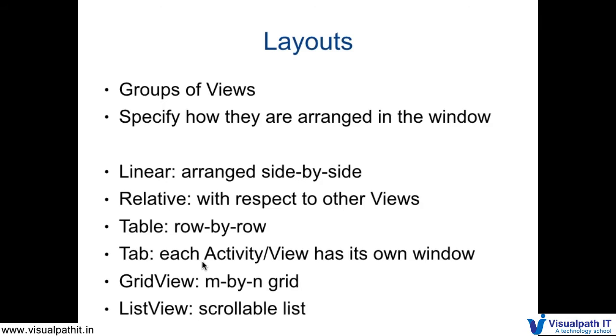Similarly, there is something like list view. For example, if you want to have a scrollable list, take the example of emails: in your inbox you will be having a list of emails. To arrange that, we will be using list view.